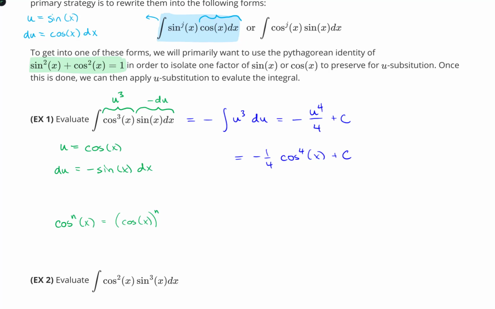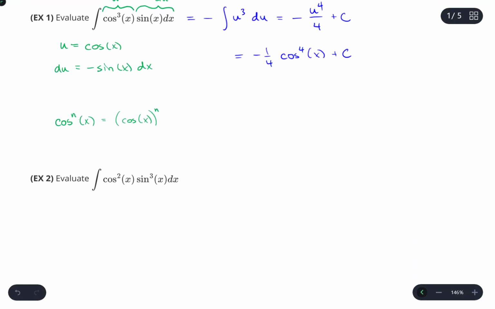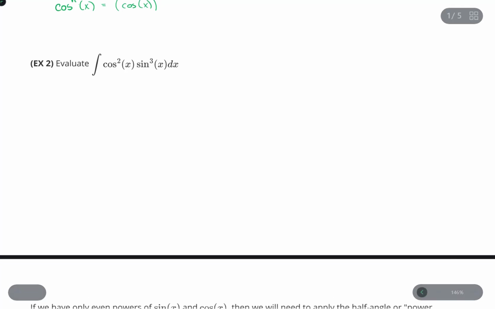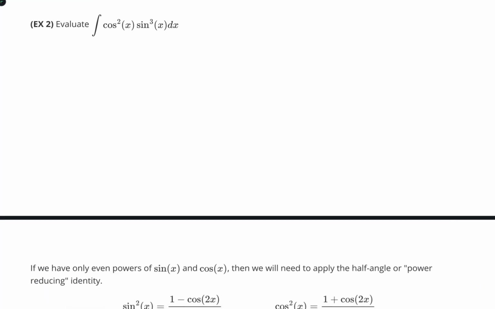But let's take a look at a little bit more difficult of an example. All right, so next up here I have the integral of cosine squared x times sine cubed dx. Now, in this particular example, what we're going to do is choose the factor of either trig function that has an odd power.